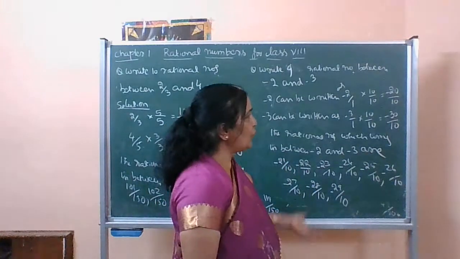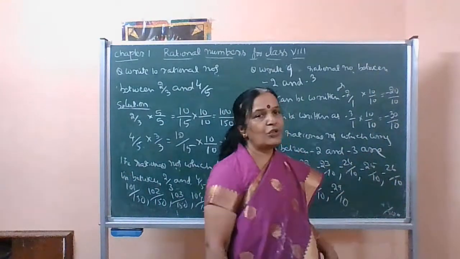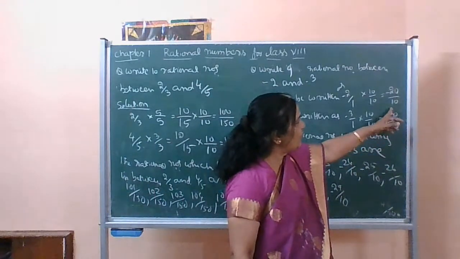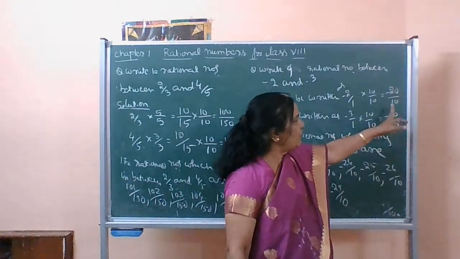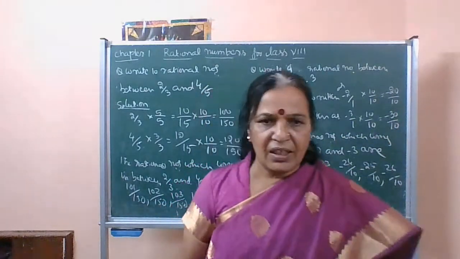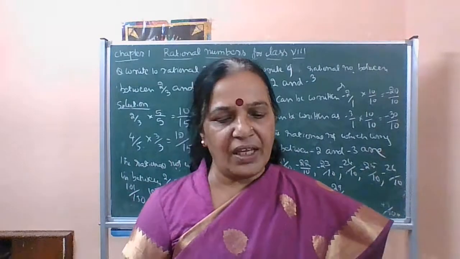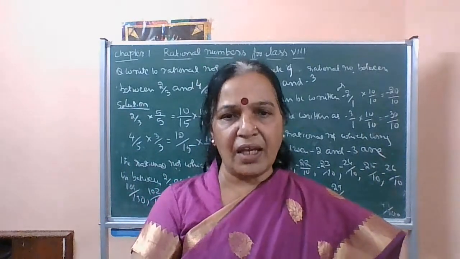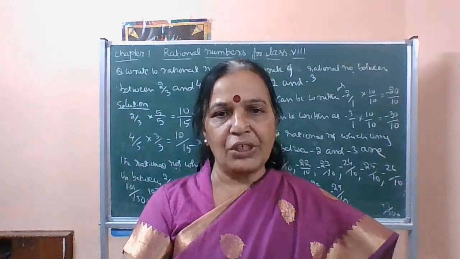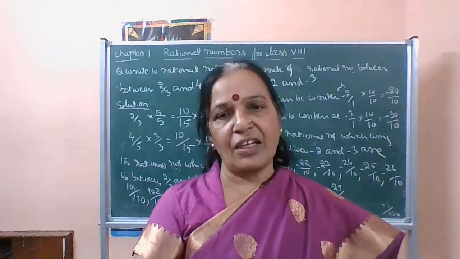If you want more, again you multiply both numerator and denominator by 2. Then it will become -40 by 20, here -60 by 20. See, like this, by multiplying both numerator and denominator by the same number, first you will make like fractions.